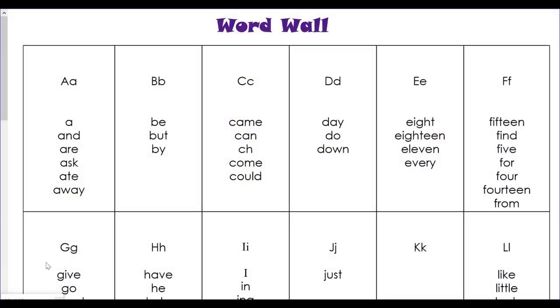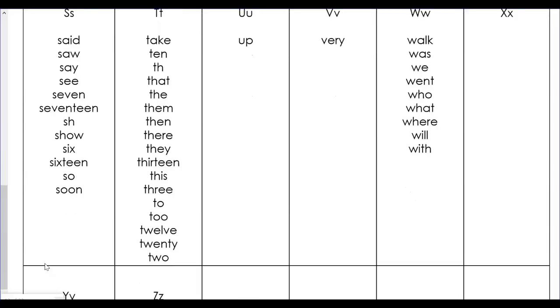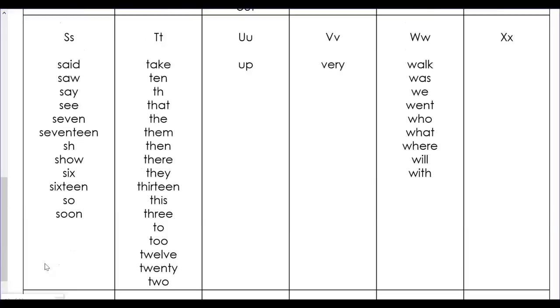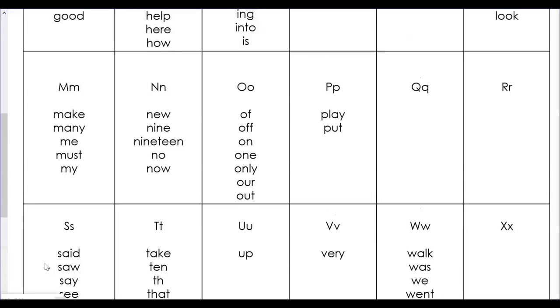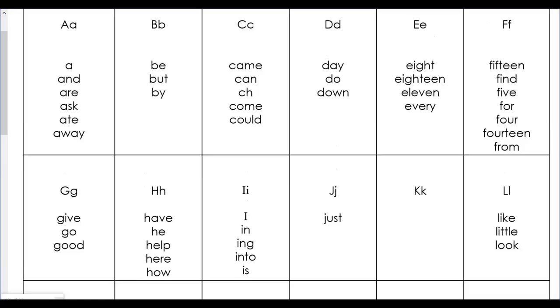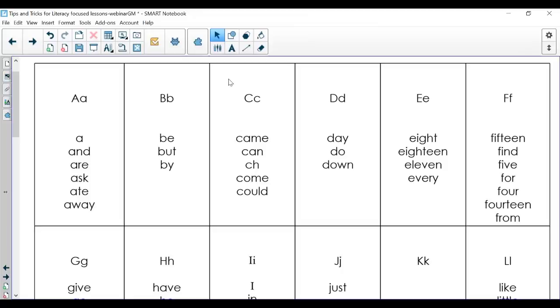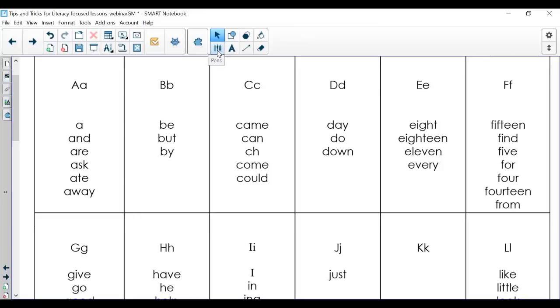All right, so the next thing is a word wall that I've made with my kindergartners, and this is the very extensive one. This is probably by the end of the school year. I have used this with my kindergarten students, as well as I've made one with my first graders.